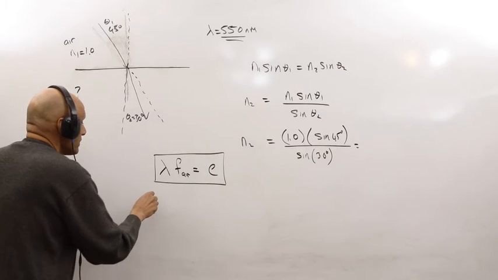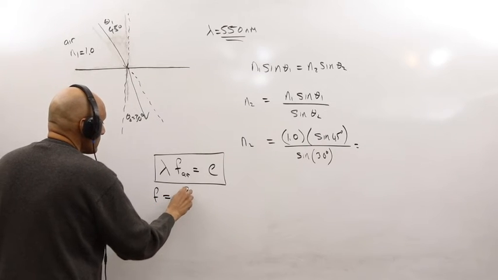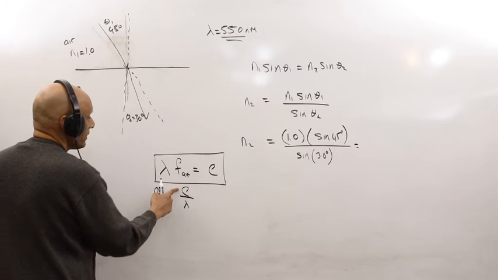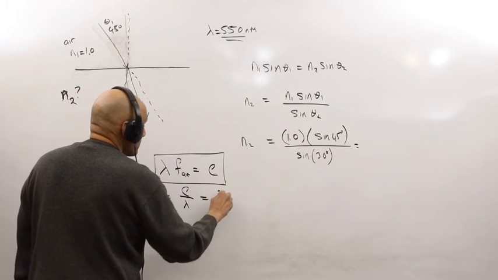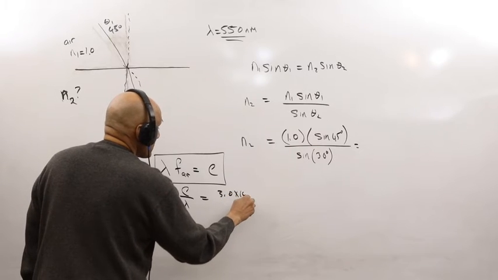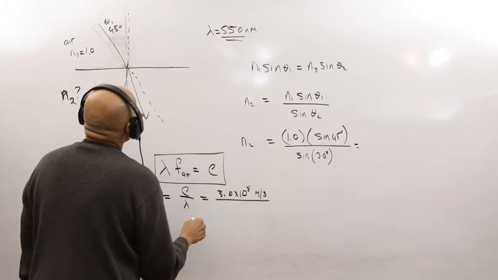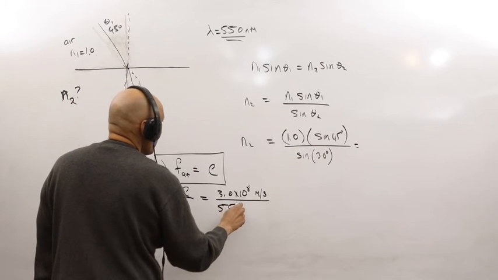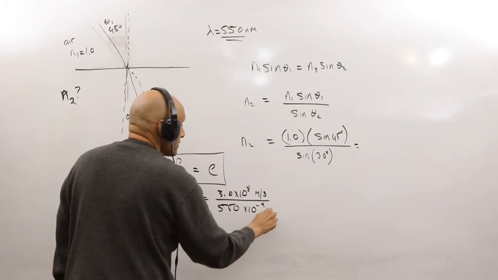So the frequency of the light in the air is given by c over lambda, because c is the speed of light in vacuum, which is approximately that of air. So this is 3.0 times 10 to the 8 meters per second. In standard units, 550 nanometers is 550 times 10 to the minus 9 meters.